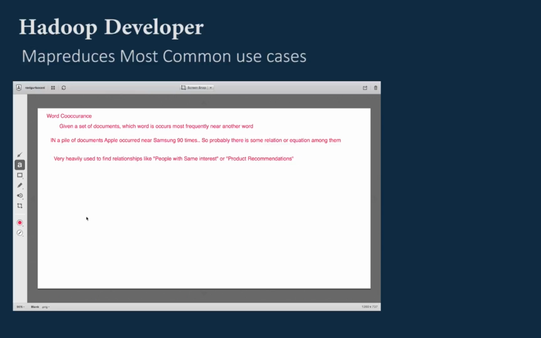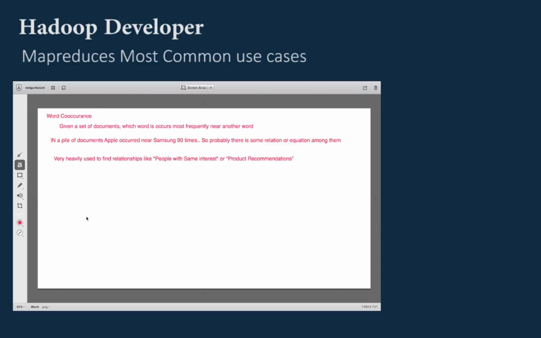Very heavily used to find relationships, like people who were talking of, let's say, skydiving were also interested in bungee jumping, and if you happen to be interested in skydiving, you may get a recommendation that, hey, this guy is also interested in activities that are near or similar to this, and that's how you find people with similar interest. A lot of social networks do that.